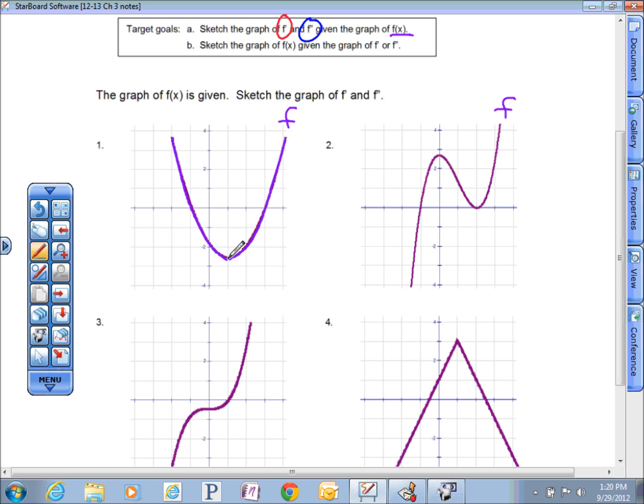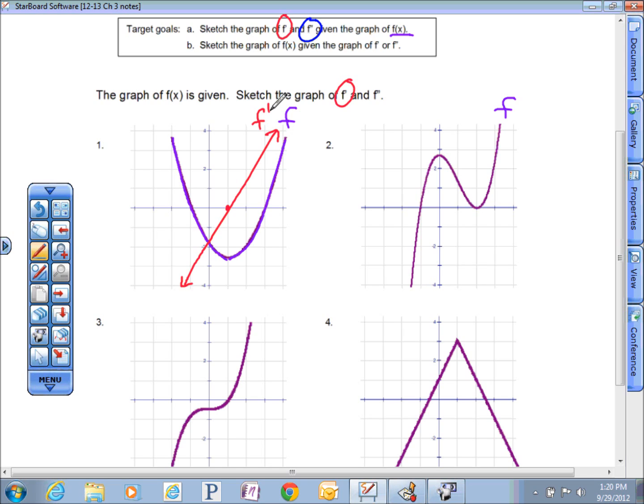So putting all this together, my red function, my derivative function, is going to have to be linear, and it's going to have to be below the x-axis part of the time and above the x-axis part of the time. Coincidentally, this purple function is decreasing until it hits this x value and increasing after it leaves that x value. So if I sketch this as my f prime function, derivative is negative when the purple function is going downward.